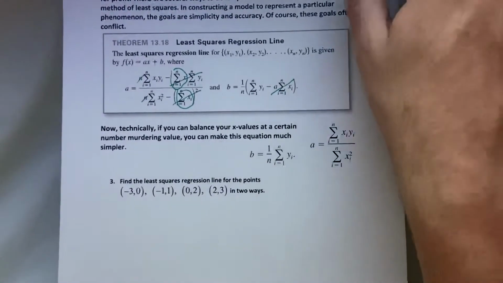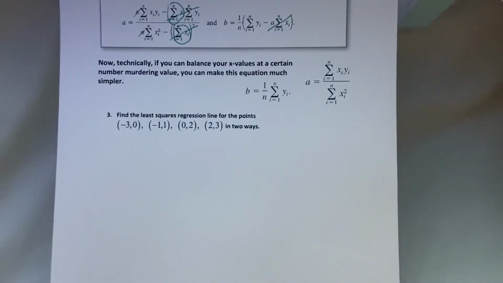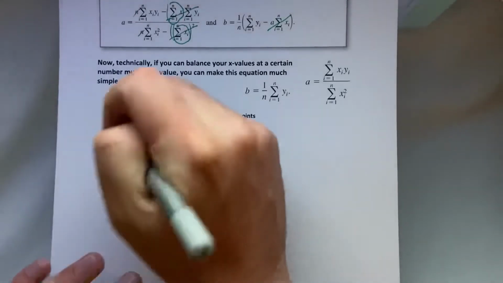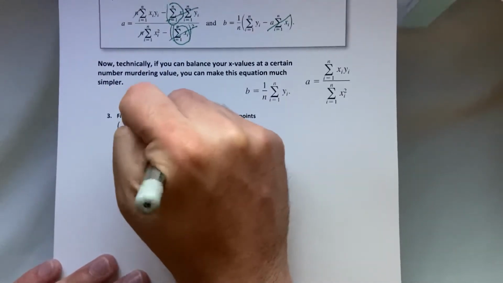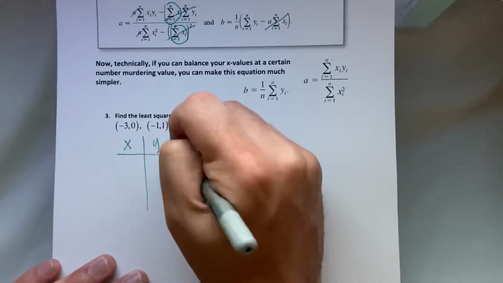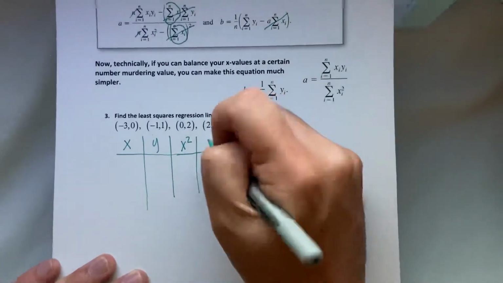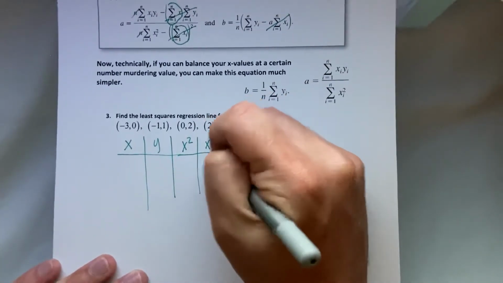So find the least squares regression line for the points (-3, 0), (-1, 1), (0, 2), and (2, 3). So what do I need here? Okay, we've got an x value. I need my y values. I'm going to have to square my x values for this, but I also need to multiply my x's times my y's.